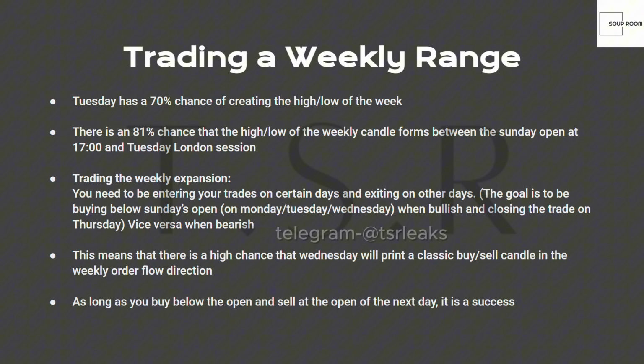This means that there is a high chance that Wednesday will create and print a classic buy or sell candle in the same direction of weekly order flow. As long as you buy below the open and sell at the open of the next day, it is considered a successful trade.